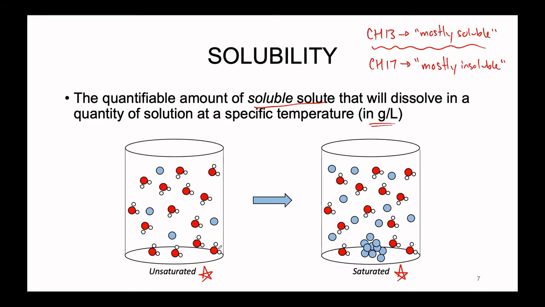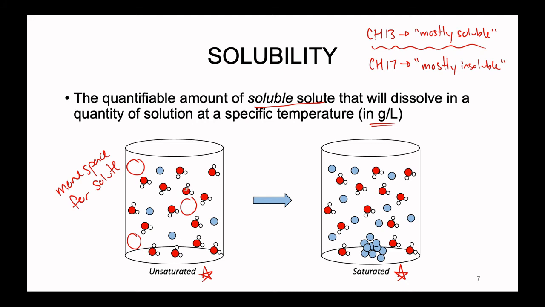So if we go back to our previous illustration, that's exactly what is being illustrated here. In your unsaturated solution, there is still more space for solute. We can still see that there's an open space right here between our water molecules. There's open space down here, and in between the water molecules, there's open space up here.